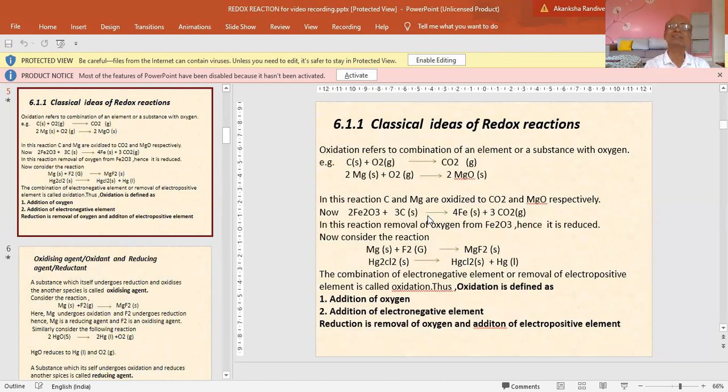Now, the classical ideas of oxidation and reduction reactions, that is the redox reactions. Let us explain these classical ideas with the help of some examples. Oxidation refers to combination of an element or a substance with oxygen, according to these classical ideas of redox reactions.